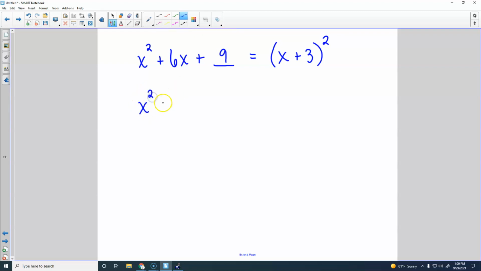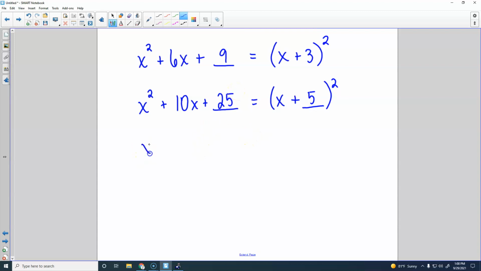Okay, now let me give you a little bit more difficult. What if I've got x squared plus 10x plus blank equals x plus blank squared? Okay, if I put 25 here, what number would need to go right here? Why? Because this was my double right here in the middle, right? So to find what goes here, I had to take half of it, right?